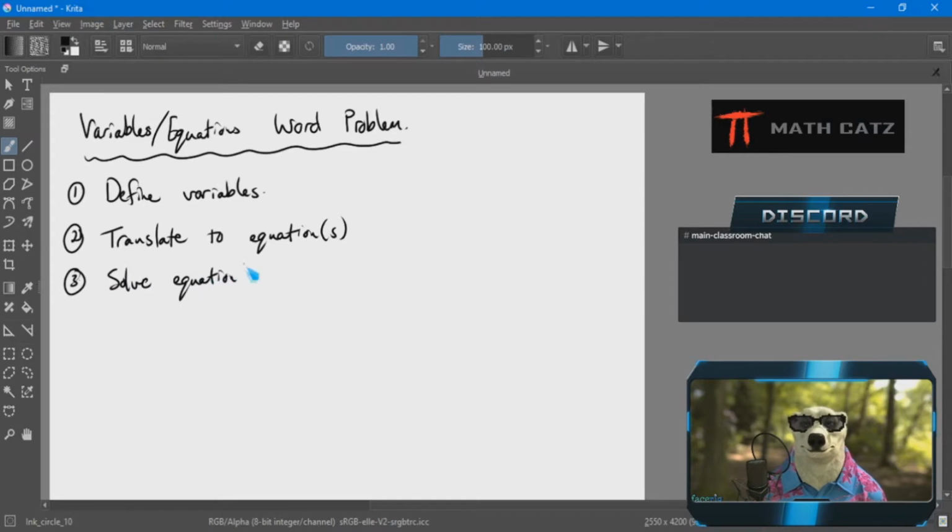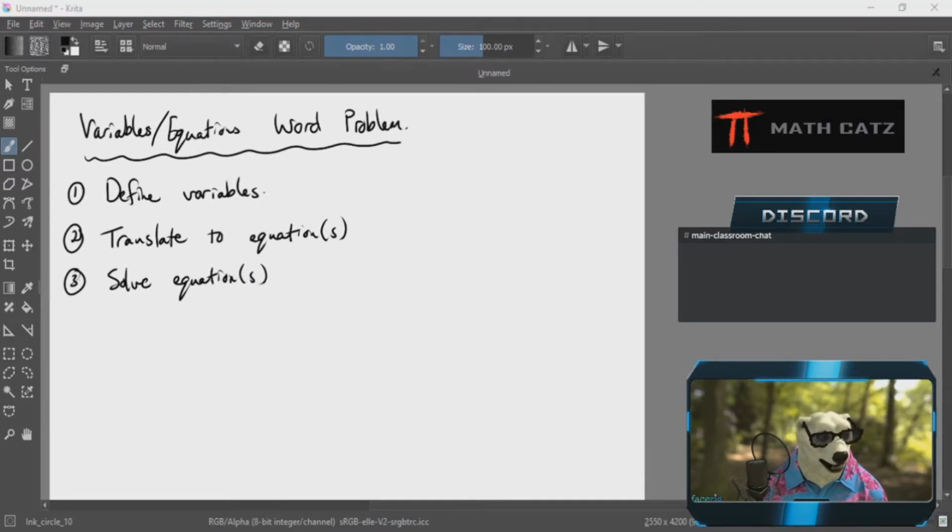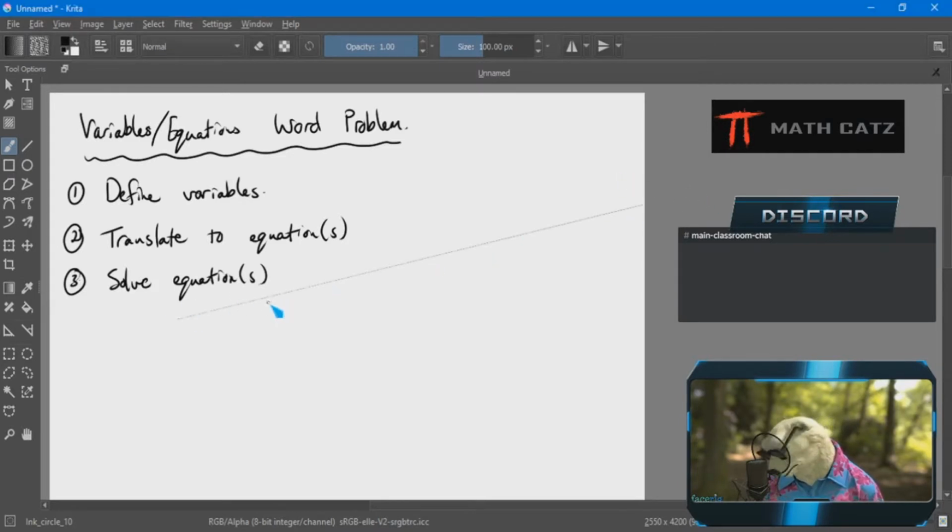And of course, that depends on what the equation looks like. We can't say, oh, it's always going to be this, it's always going to be that. No, it depends on what it looks like. And lastly, I'm going to get an answer, but it's really an answer in the mathematical language.